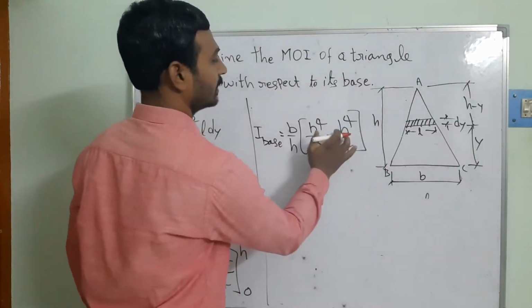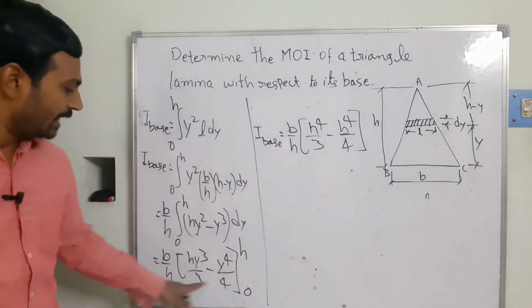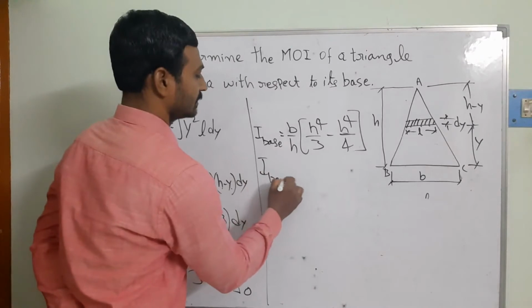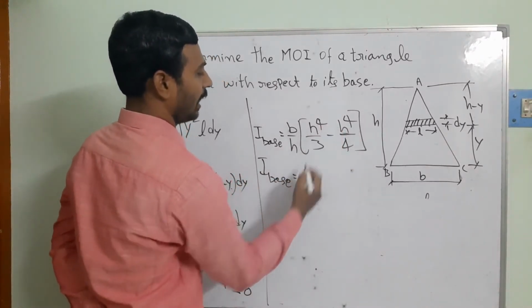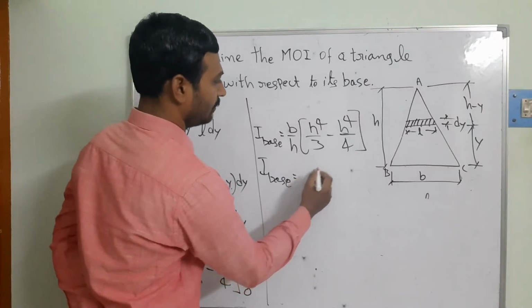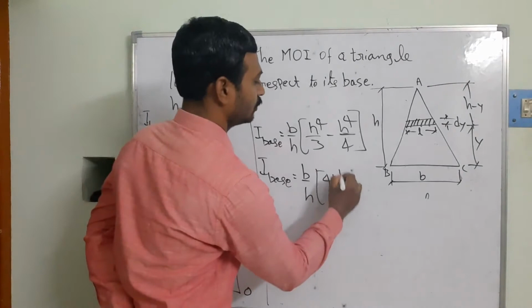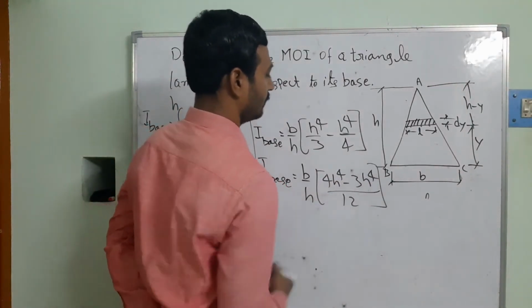When I substitute the 0 limit, this total is 0. So I base is equal to b by h, where h is common and we can cancel it out. That's going to be b by h into 4h to the power of 4 minus 3h to the power of 4, divided by 12.